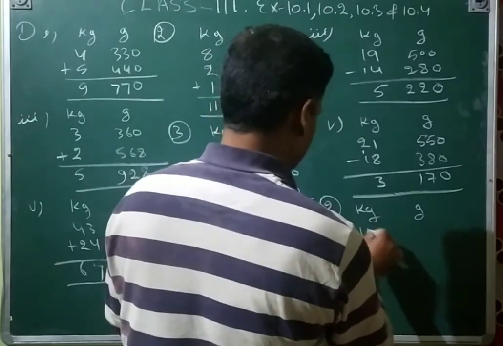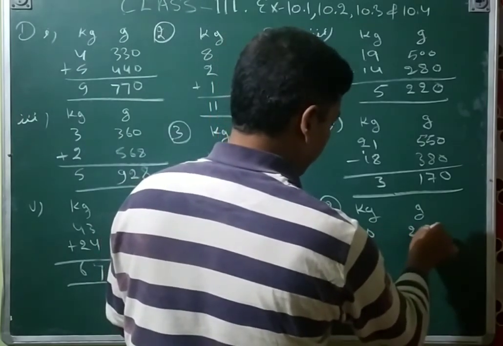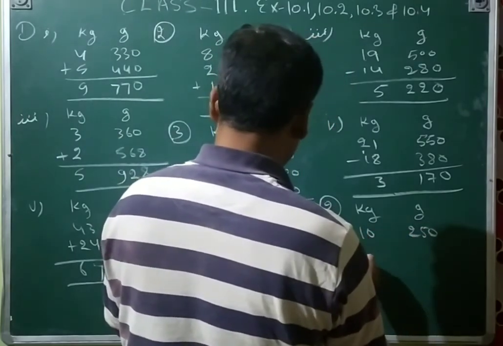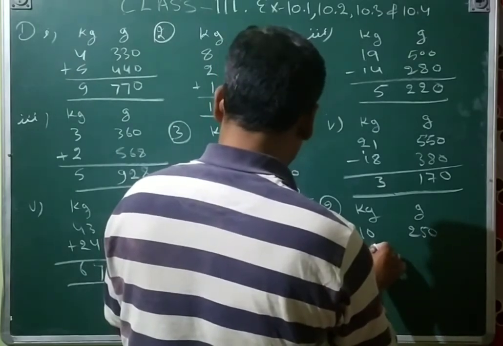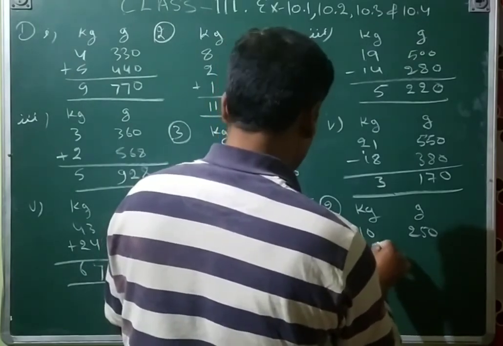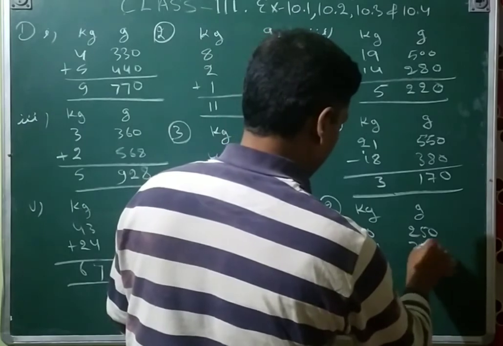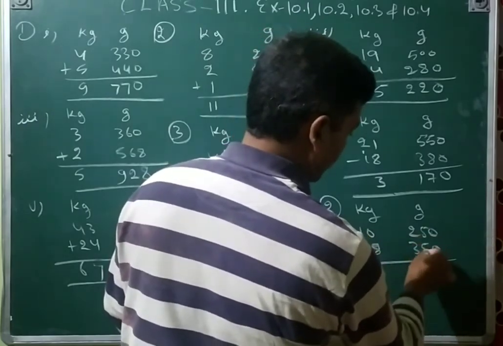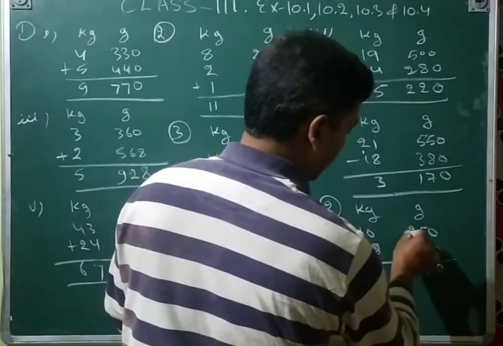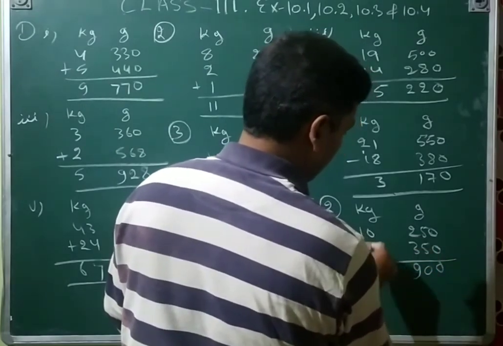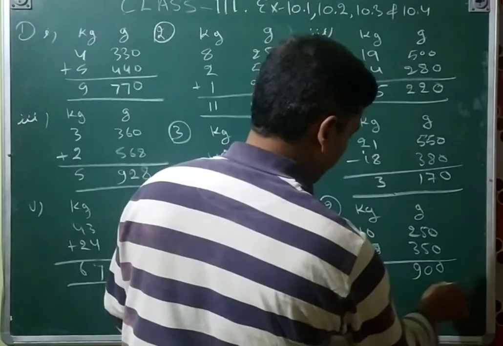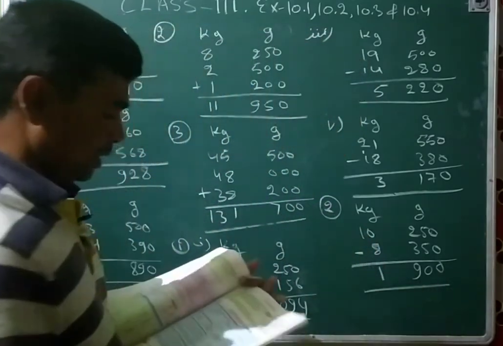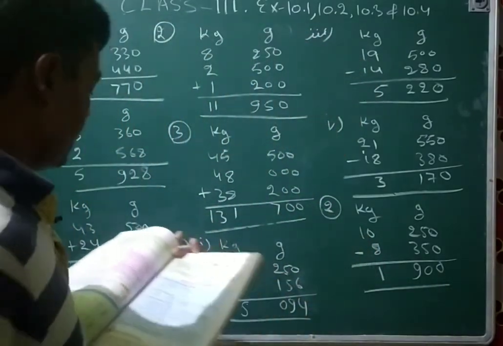He bought 10 kg 250 gram and then 8 kg 350 gram. Then subtract: 0, 5 plus 5 is 0, and then 12 less 3 is 9, and then 9 less 8 is 1. 1 kg 900 gram of sweets is left.